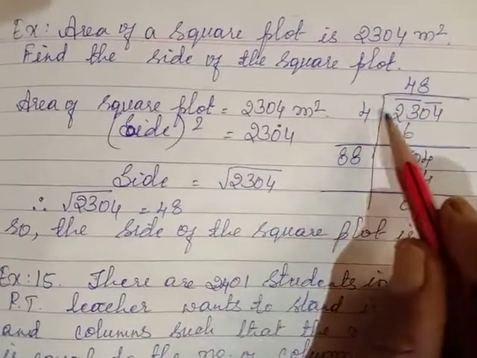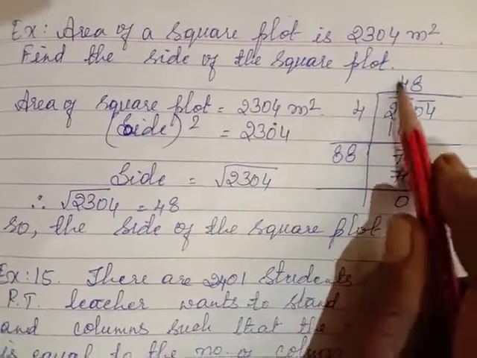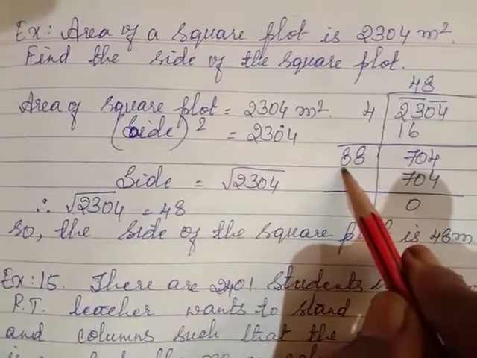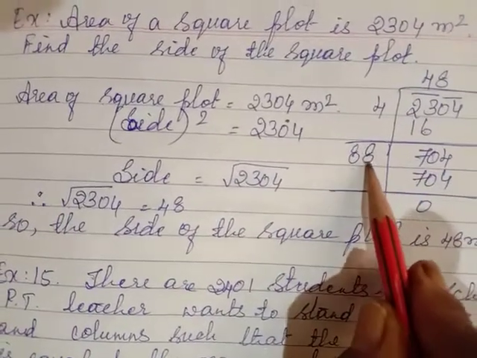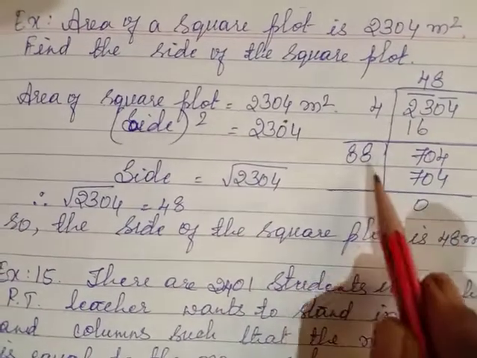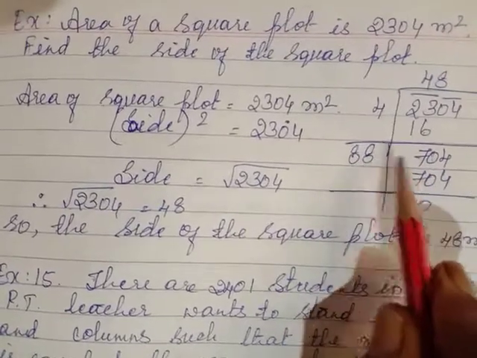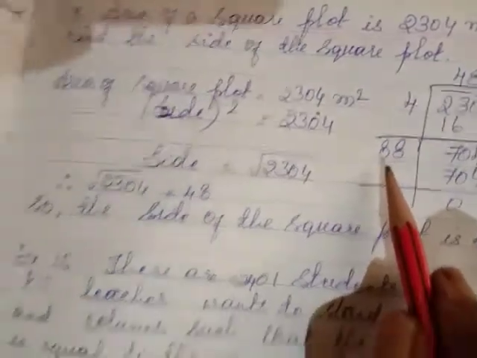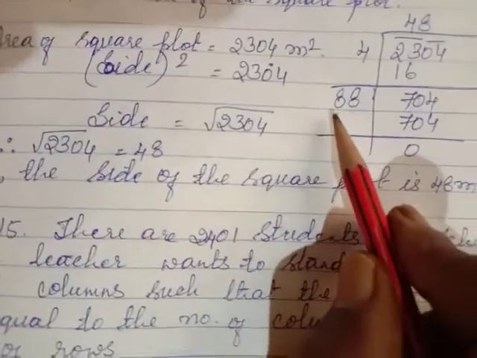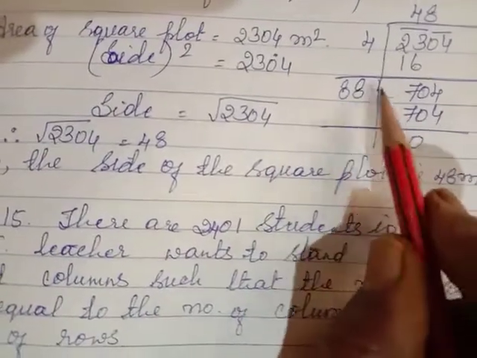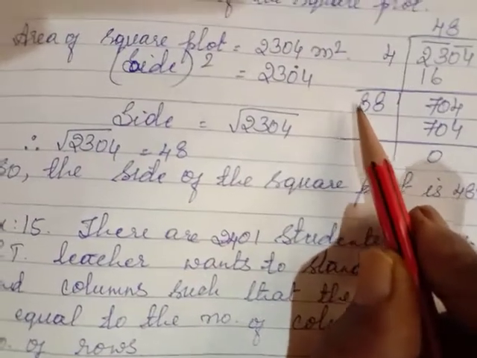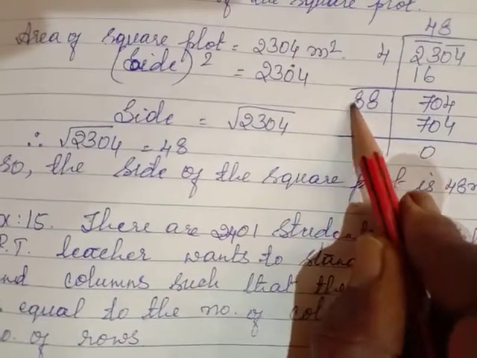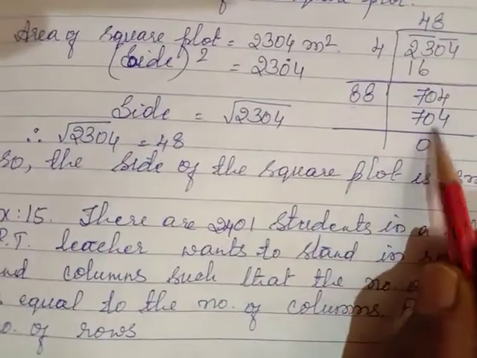Now double of 4 here is what? 8. Then next you have to choose this digit by multiplying with this. 81 into 1 is 81. 82 into 2 is how much? 83 into 3 is how much? Like that you have to find out. So we got here 88 8s are 704, children.